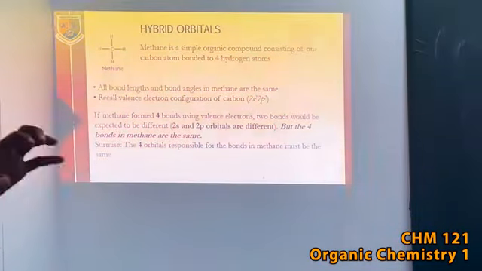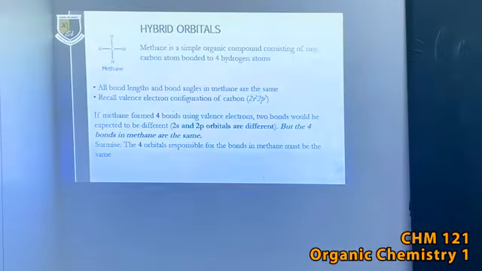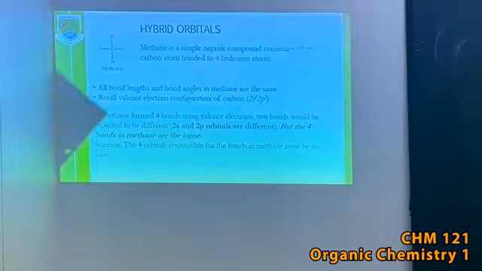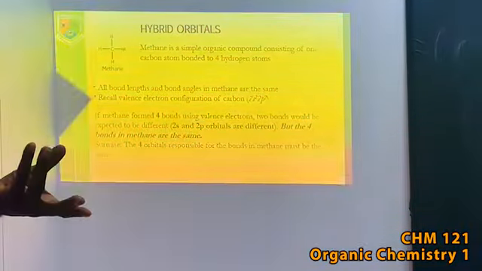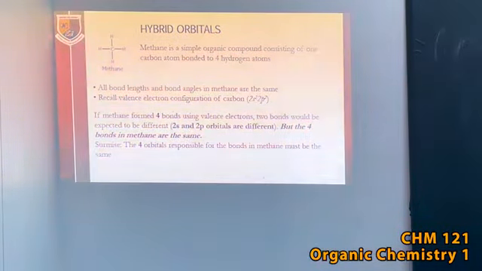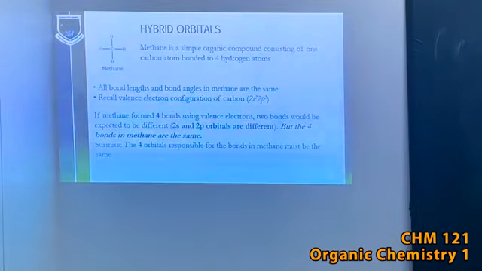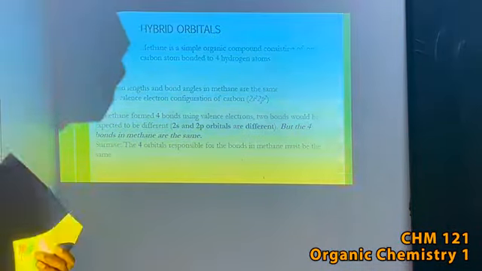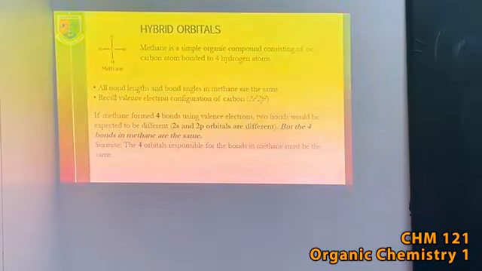And so if you have 2 different orbitals, then they should be forming 2 different kinds of bonds. That means that in methane, we should have seen 2 different bond lengths and 2 different bond angles. But it turns out that all the bonds in methane are the same. If that is the case, then it means that something happened such that the orbitals involved in that bonding are the same. And that's what we'll talk about.